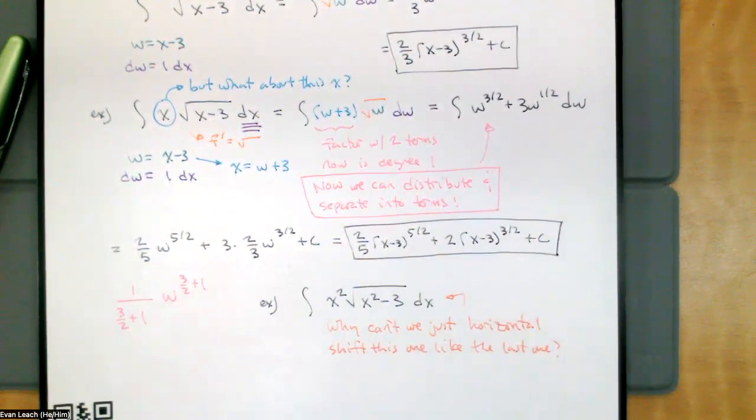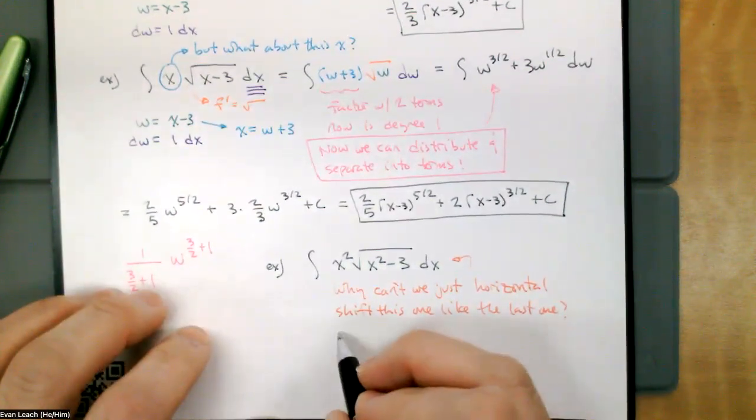Why can't we just horizontal shift this one like the last one? And then the follow-up, what is the smallest thing that we could do to fix this one and make this one horizontal shift like the last one?